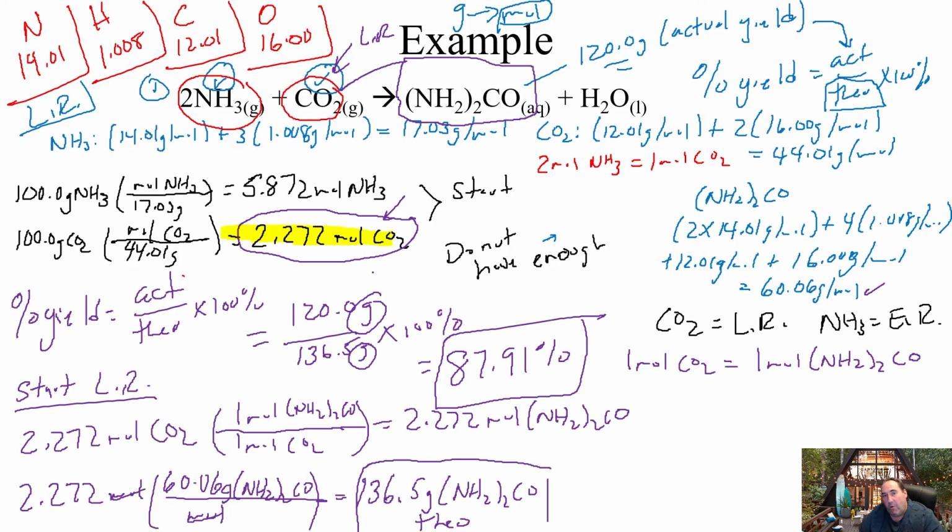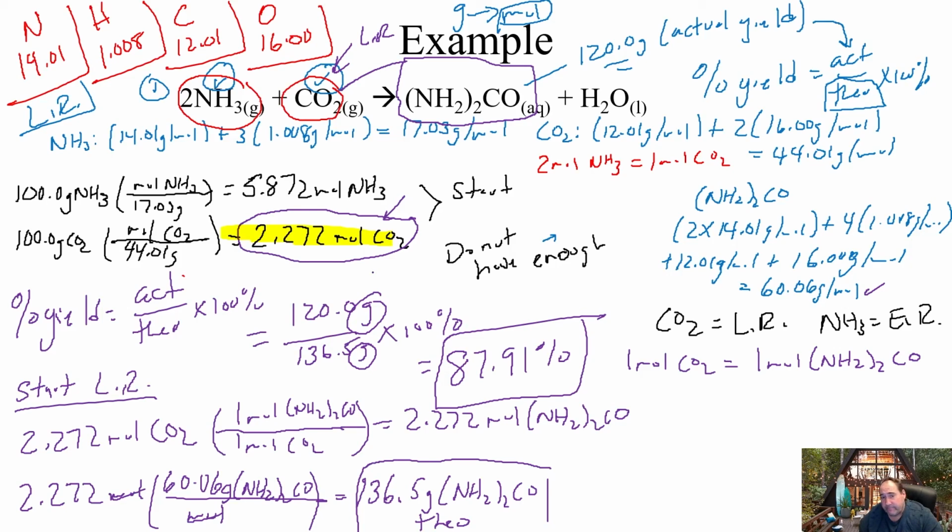I can get the moles of both reactants, limiting reagent, which means balance the equation, convert to moles, do that little calculation to figure out if you want to use up all of one reactant, how much of the other reactant you need. And once you figure out the limiting reagent, once again, you always use the limiting reagent to determine how much product you make, which in this case would be your theoretical yield. And then you can take your actual yield, which is given to you, divided by your theoretical yield, times 100% and get your percent yield.